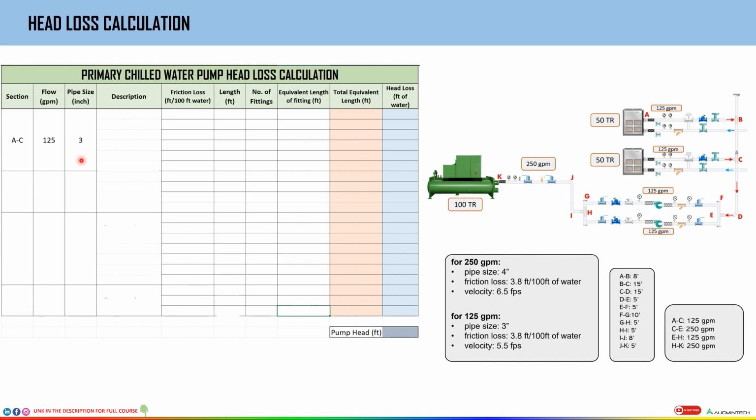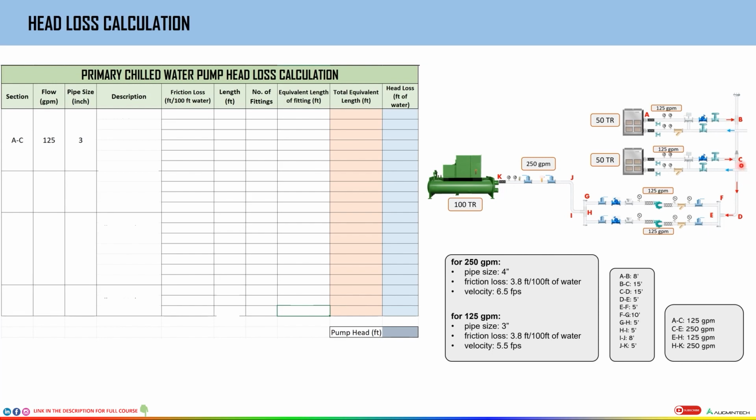What is the next section? The next section is C to E. Why? Because just keep in mind that whatever sections we are talking about are the sections of the critical path. We are not interested in any section which is not included in the critical path. So all these sections that we are going to be talking about are a part of the critical path.